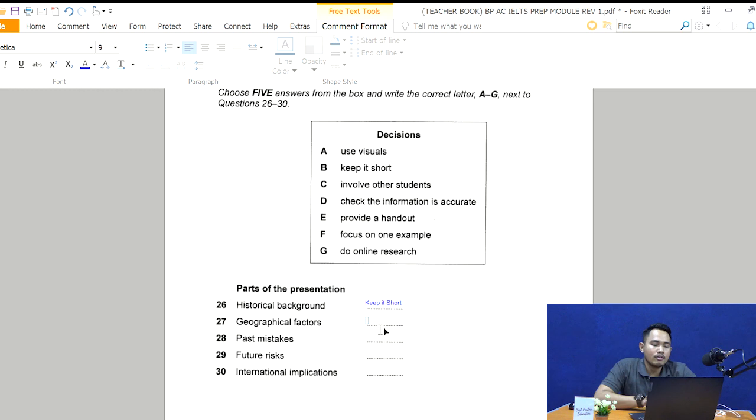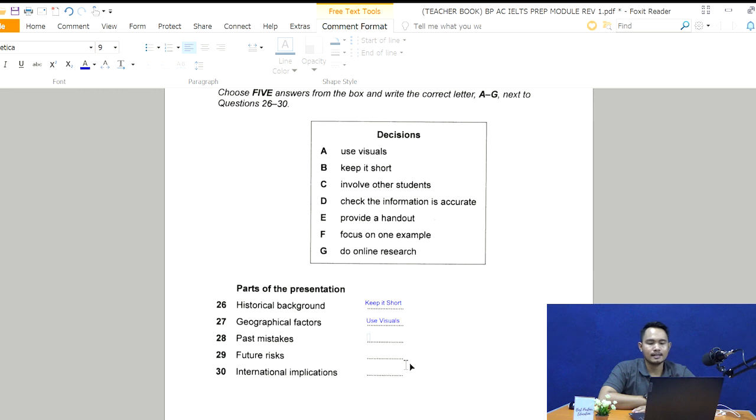Okay. Now, geographical factors, let's say, because it's geographical, I'm sure that it's easier to do it just by using visuals, because again, it's related to geography. So I might say that using visuals would definitely give a very simple understanding to the audience. And then, what about past mistakes?